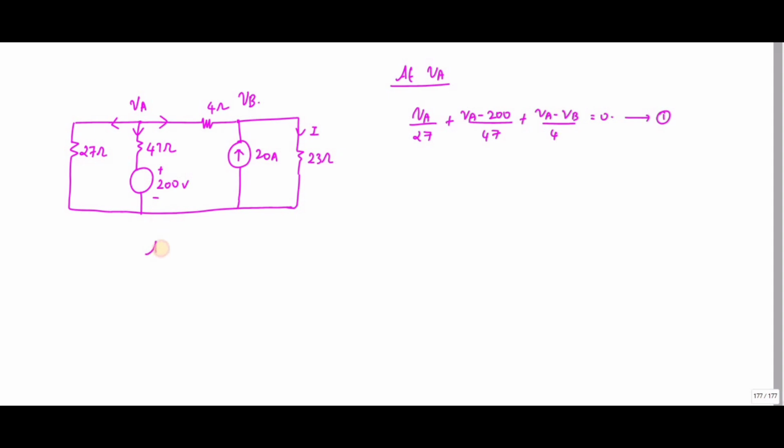So at node VB: VA minus VB divided by 4 plus 20, this is a current and 20 is its value, is equal to VB divided by 23. So I need to find the value of VB.